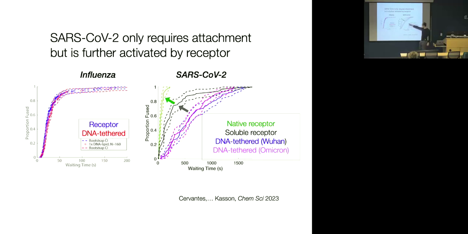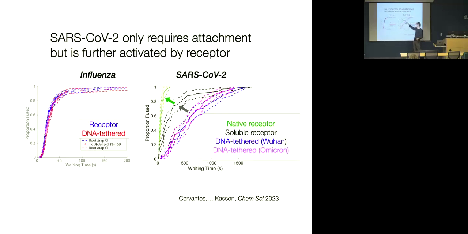The answer is yes. But if we compare that to native fusion, so fusion to plasma membrane vesicles from cells that are permissive to SARS-CoV-2 that display both receptor and protease in the membrane, there was a big gap in the kinetics.